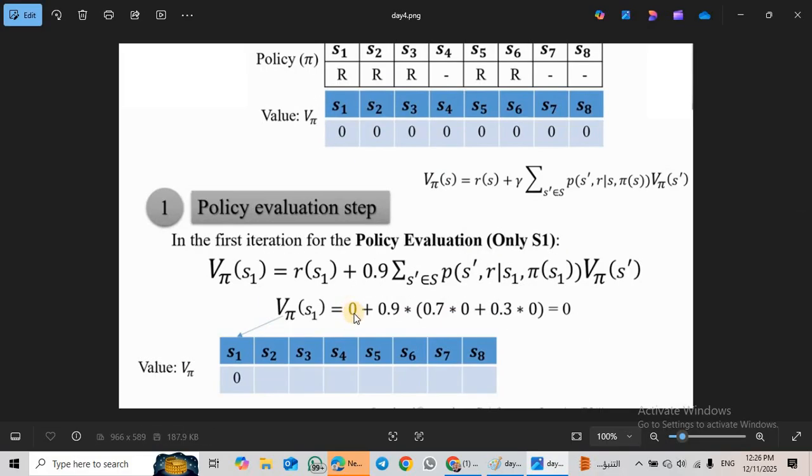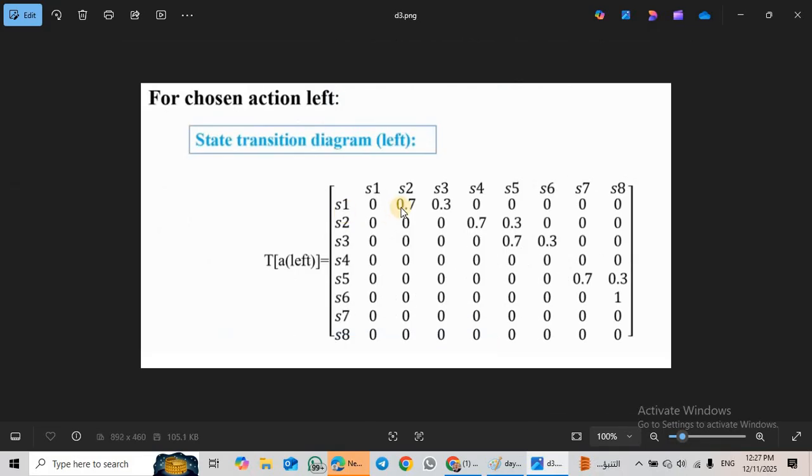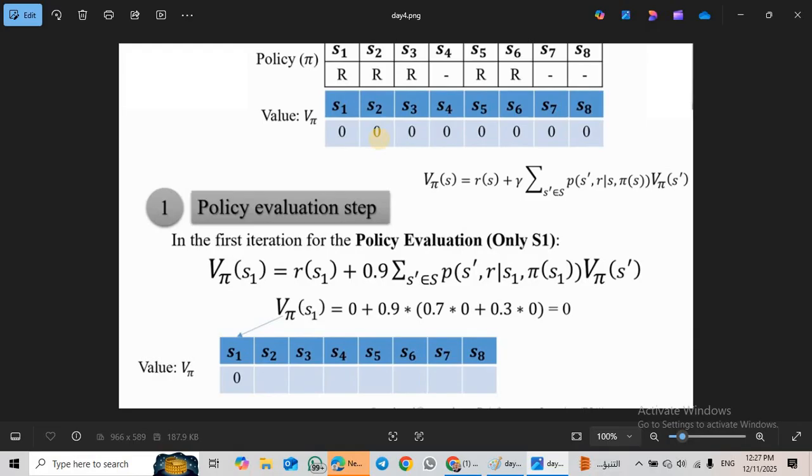We use the first reward 0 plus 0.9 gamma times the summation of probability 0.7 and probability 0.3 from this table, 0.7 and 0.3, times V(S2), which is 0, and S3, 0. When you calculate this equation, we get 0.